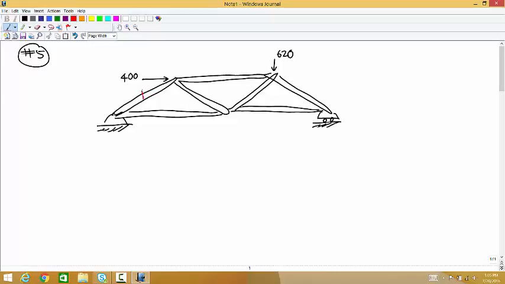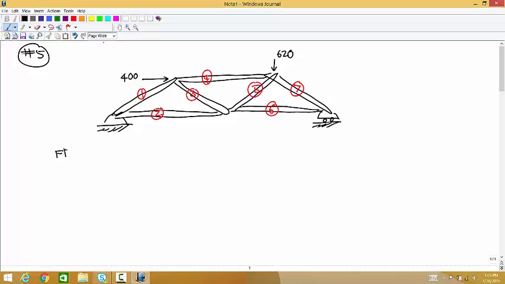I'll number the members 1, 2, 3, 4, 5, 6, 7. So it should be 21 equations, 21 variables, doing it the way we did it in statics.